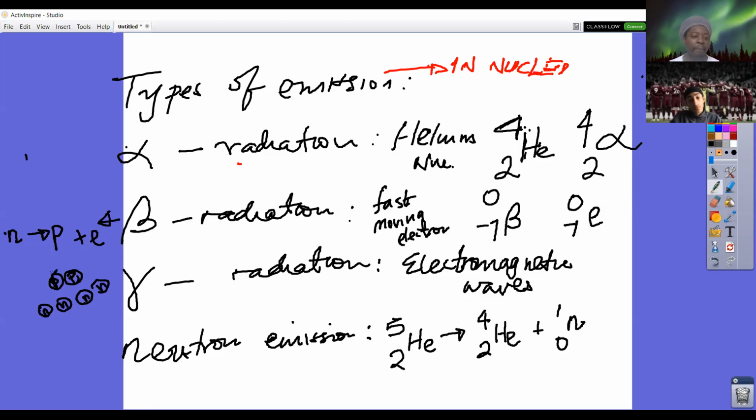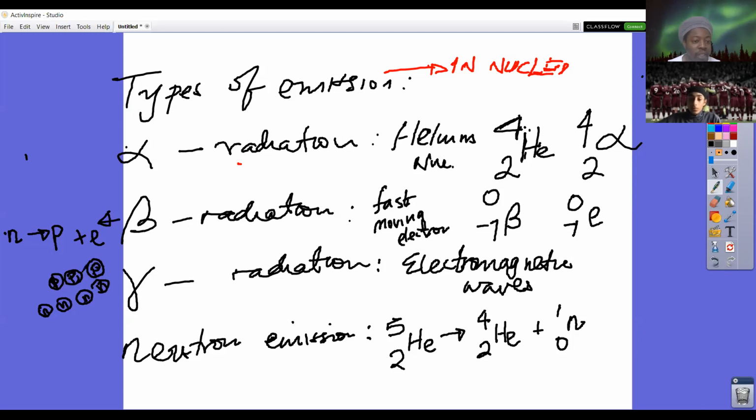Now this is not very happy as it is. There are more neutrons than protons, so it wants to establish that balance. So a neutron here is going to turn into a proton. So let's take this neutron. It turns into a proton. So now I've got 1, 2, 3 protons, and I've got 1, 2, 3 neutrons.